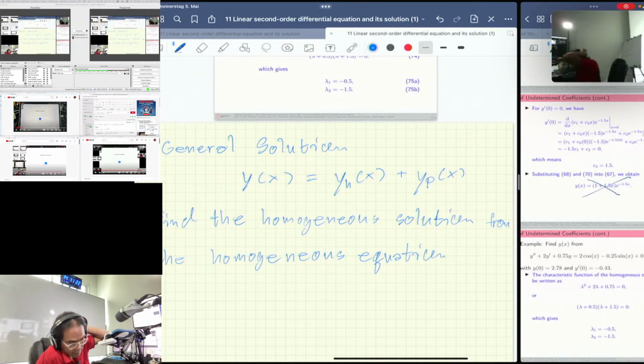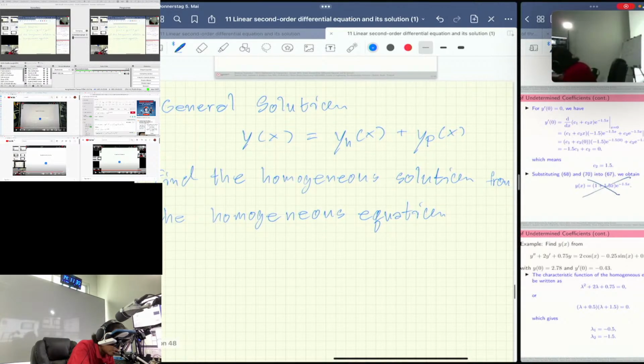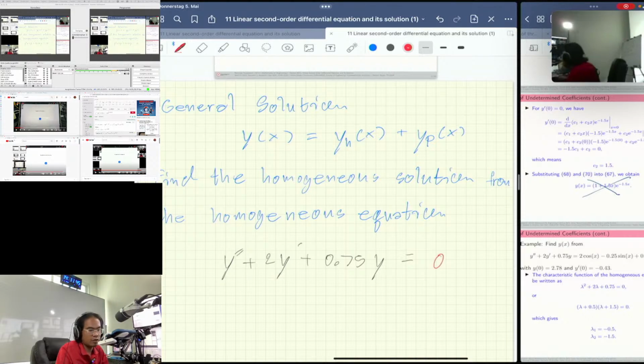What is that? The homogeneous equation will be y double prime plus 2y prime plus 0.75y equal to 0, because we force the right hand side to be 0.